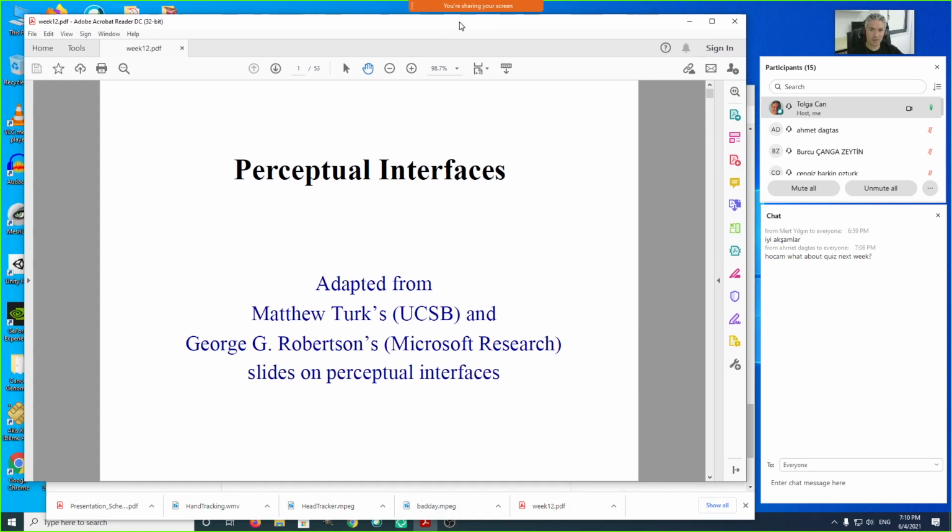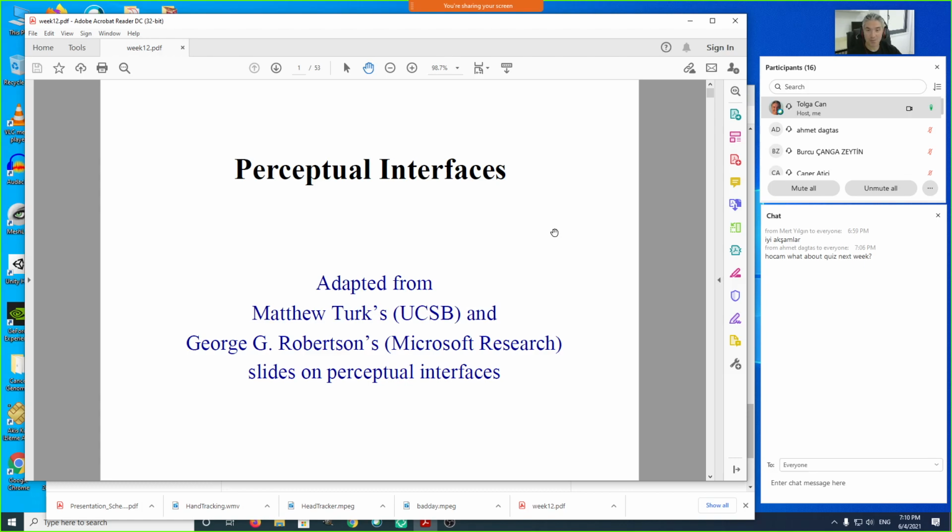You may say, okay, I don't want the computers to see me with all the cameras around. Yes, there are always privacy issues here, but as in many other fields of human-computer interaction, our goal is to make the usability of these technological devices better, to get a better interaction experience for users.